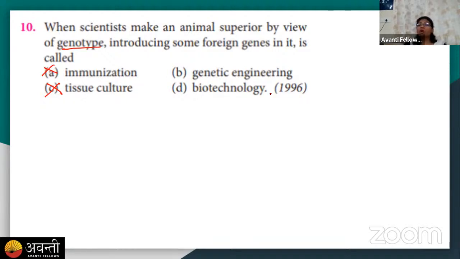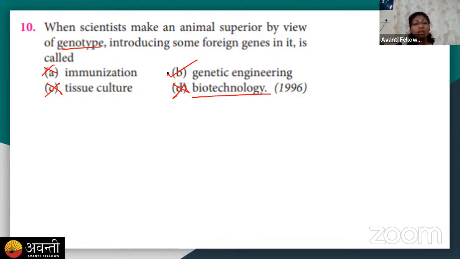In biotechnology, we always talk about the production of a product, right? Apart from introducing the foreign gene, we have several steps involved. So only genetic engineering is the technique in which we are doing something engineering. That means we are making something, we are breaking something, we are rejoining something.